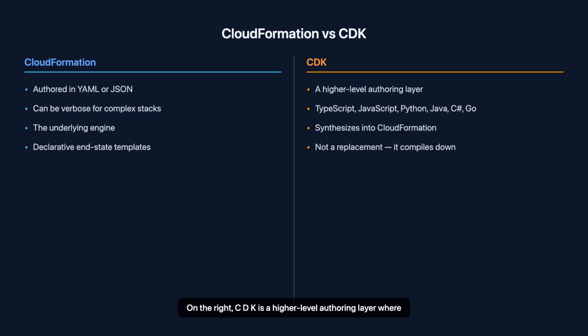On the right, CDK is a higher-level authoring layer where you define the same infrastructure in a real programming language. It supports TypeScript, JavaScript, Python, Java, C#, and Go. Here's the part that matters most. CDK is not a replacement for CloudFormation. When you run it, it synthesizes, it compiles down into a CloudFormation template, and CloudFormation does the actual deploying.